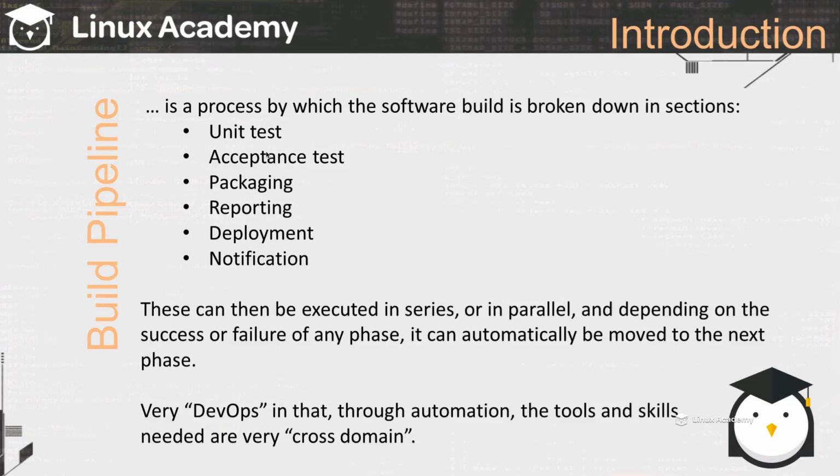And as we've talked about both at Linux Academy and as I'm sure you've seen online, DevOps, through automation, the tools and the skills needed are very cross-domain. It's the crossing of skills between traditional development engineers and operation engineers so that development people are doing operations tasks and operations people are doing development tasks.